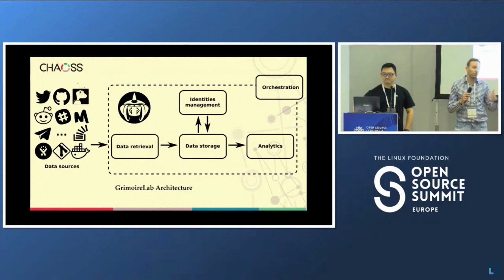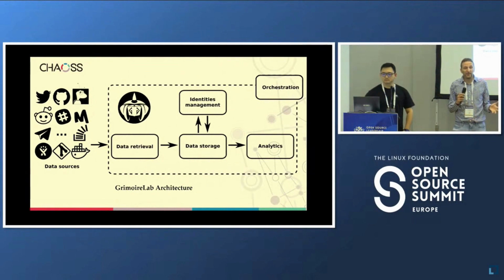GrimoireLab covers more than 30 different data sources, covering 90% of the usual data sources that we can see in the open source world. And there are 70 plus different dashboards and use cases that are there out of the box.